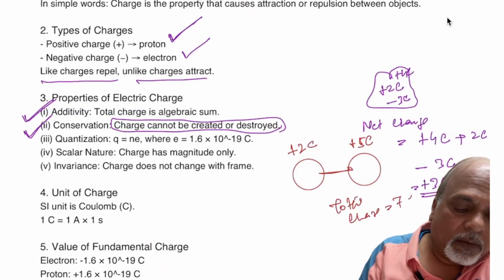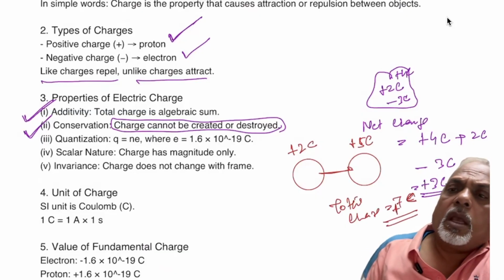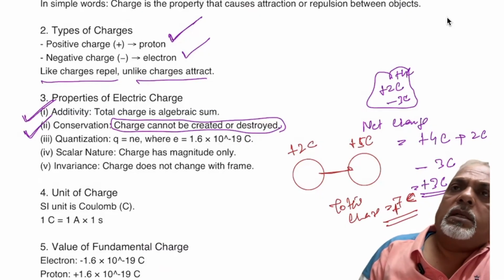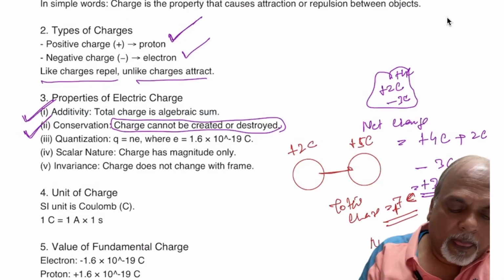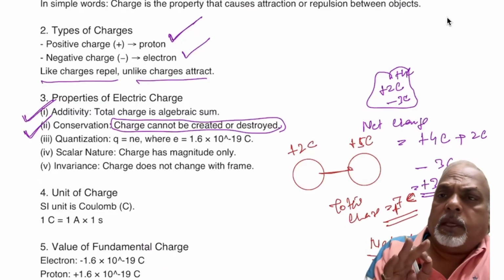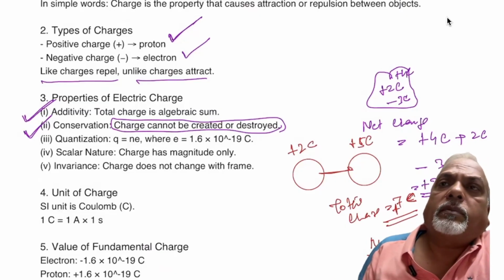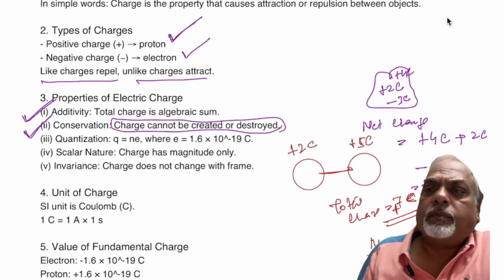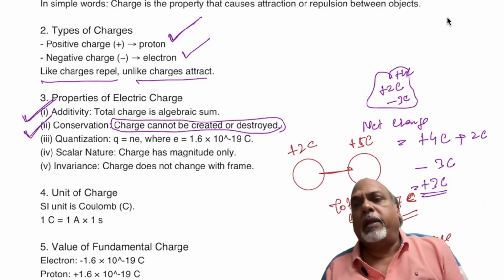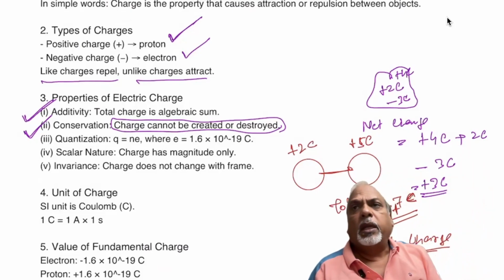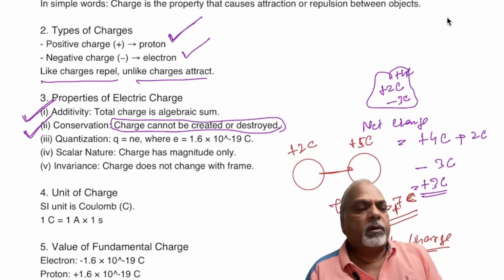That is 7 Coulomb plus. The total charge, or you can say the net charge, is always conserved.